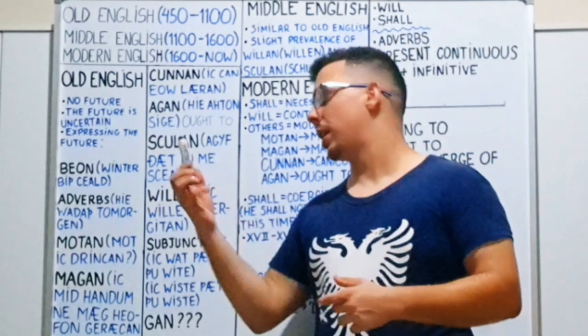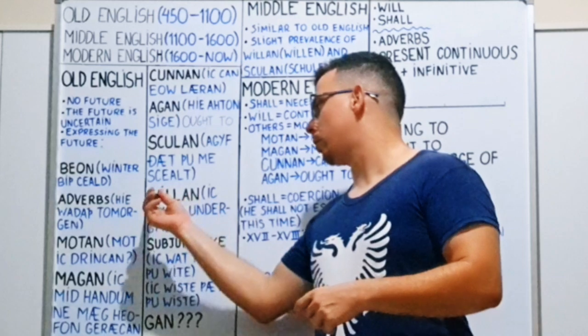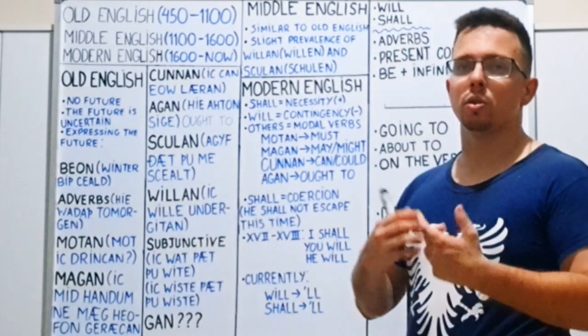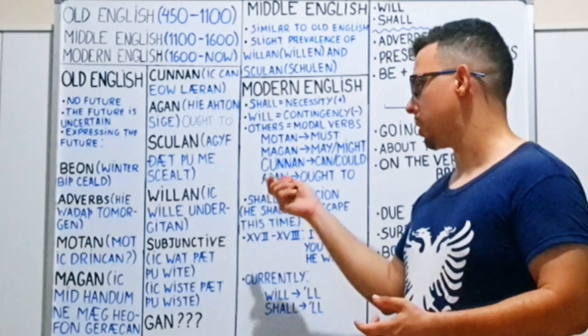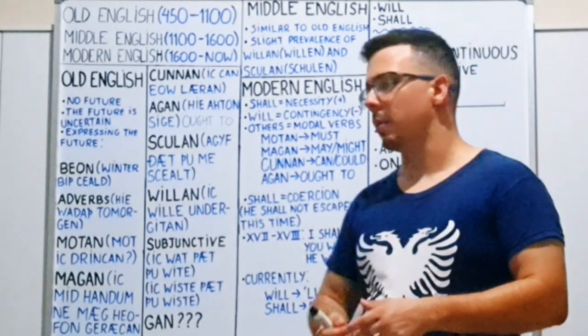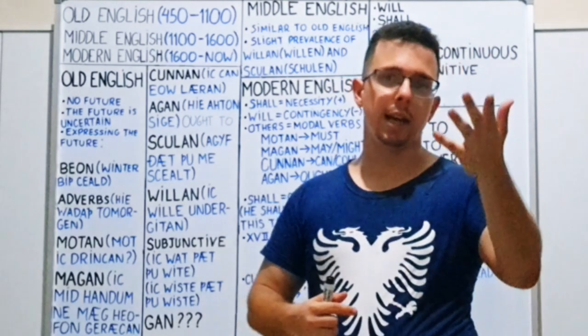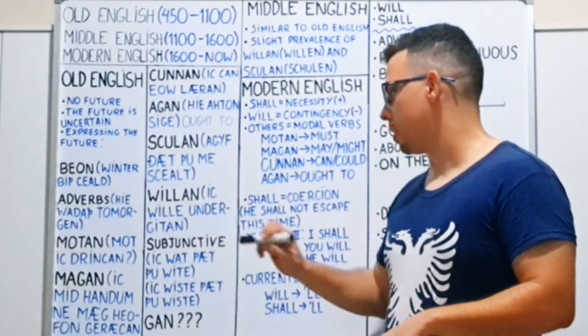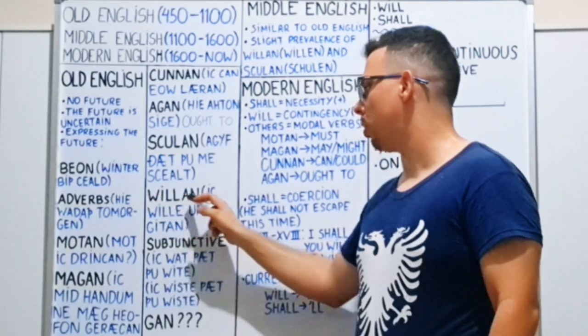Now we also have the word willen, and this is the verb to want. We still use that word, that's will, right? I'm willing to do this, I'm willing to do that. Willen. Okay, there is something very interesting here before we move on.